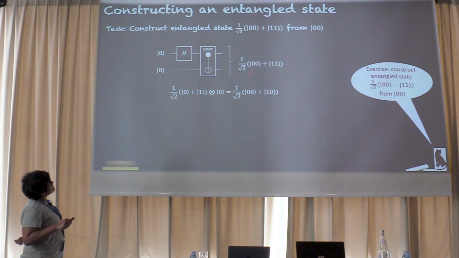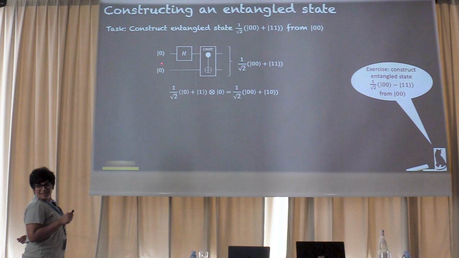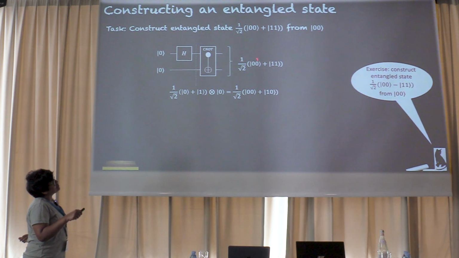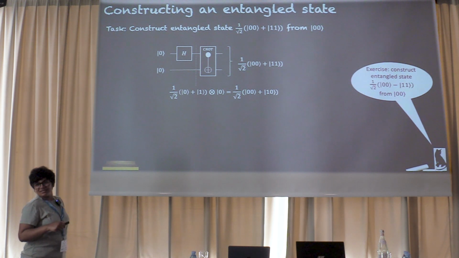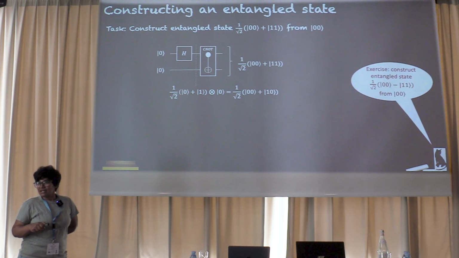So in this circuit, if I had started with a 1 state here, then I would have had at this point 0, -1. Okay? And then I'll keep this thing the same. I would have just got 0, 0, -1, 1. You see? Okay?